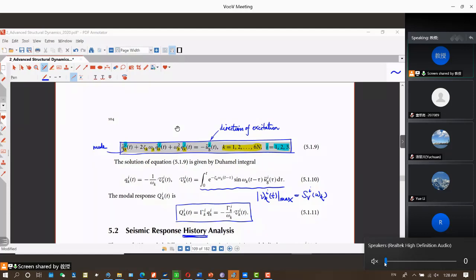Now, if we find this, we can use modal superposition to combine the results to find the response of node M. Okay, so we combine all of them, and then you can pick up the maximum response in node M. Okay, in node M, and then the maximum response is the maximum response for all the nodes. Okay, so to do this, we would need the ground acceleration.